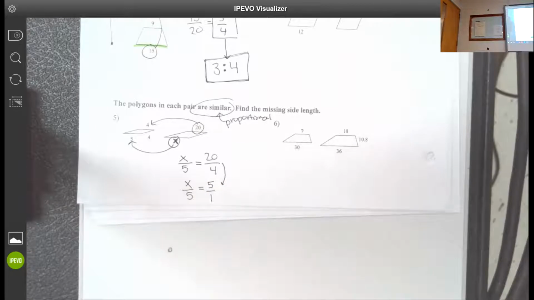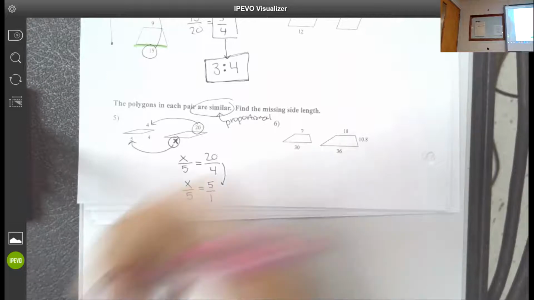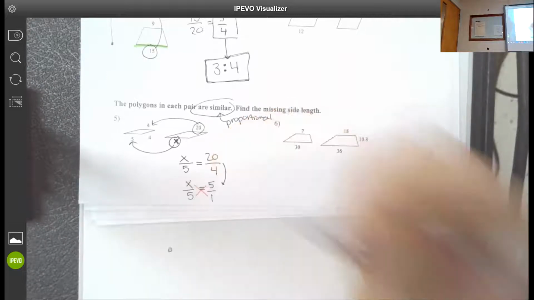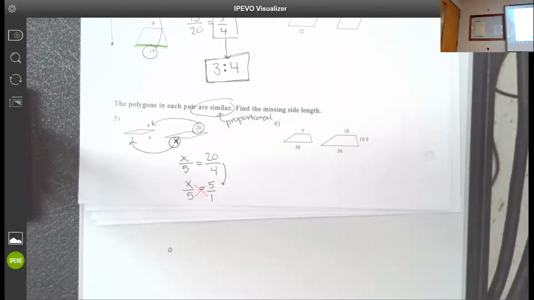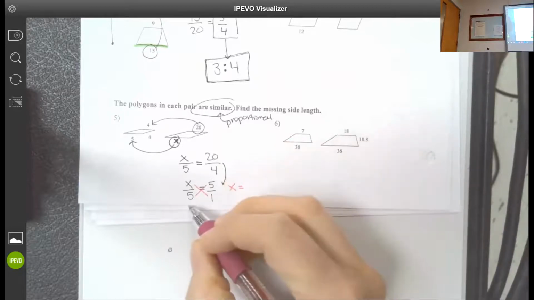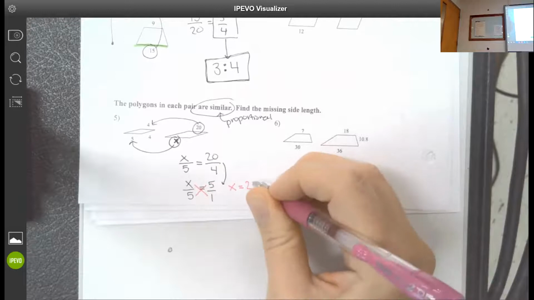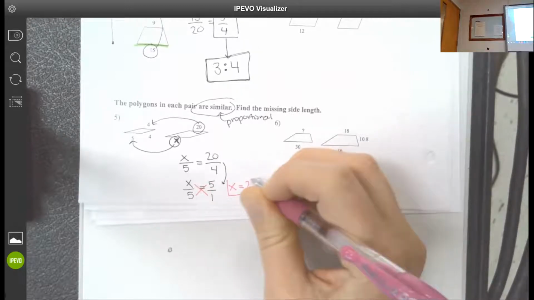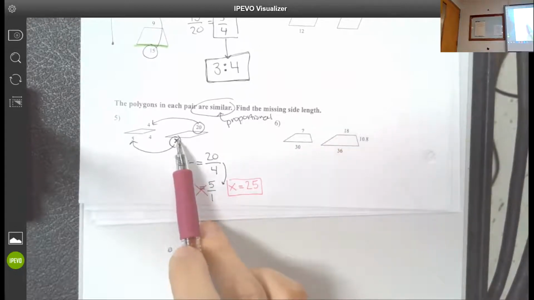Okay, what do I do to solve a proportion? Cross multiply. Because we reduced and 4 goes into 20 evenly, it made it super easy for us. Gives me 1x. 5 times 5 gives me 25. We solved for our missing side.